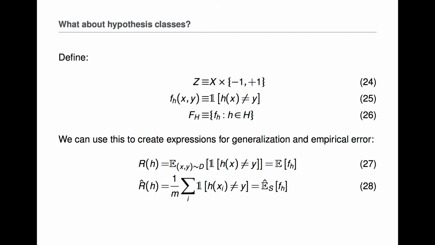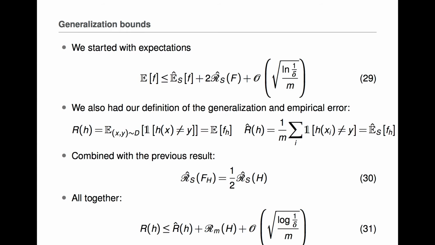So if we use this as our definition of f and z as the Cartesian product of x and y, you can plug this into our theorem, and then you get these nice generalization bounds. So we have replaced these expectations with what we actually care about: the generalization error, the empirical error, and the complexity of our hypothesis class as measured by Rademacher complexity.